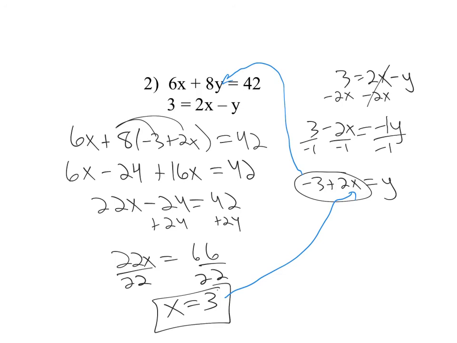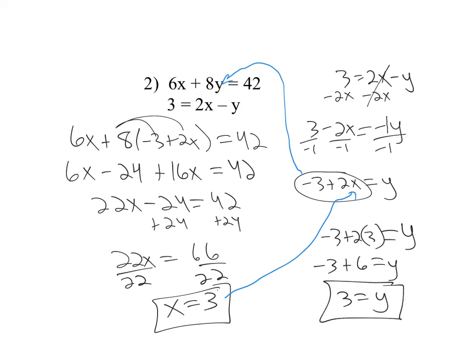So if I plug it back in to this equation where I already have y by itself, this equation then becomes negative 3 plus 2 times 3. So I've just replaced the x in that equation with the value I found, x equal to 3. Now, simplifying this, we get negative 3 plus 6 equals y. So negative 3 plus 6 combine to make positive 3.